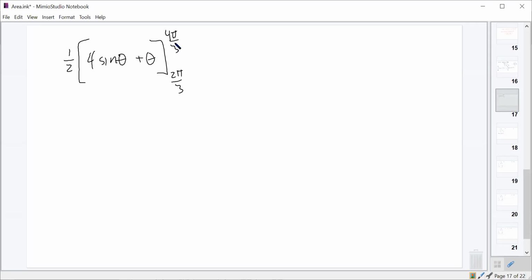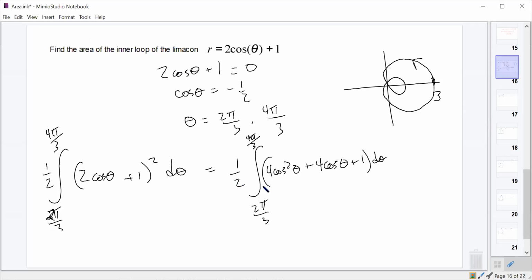And then we're going to have, once again, the 1/2, and we can pull the 4 out, which makes it a 2, and then the cosine squared is going to get a 1/2 when we do the power reducing. So all of those constants are just going to cancel out, and we'll just have a 1 plus cosine 2 theta.